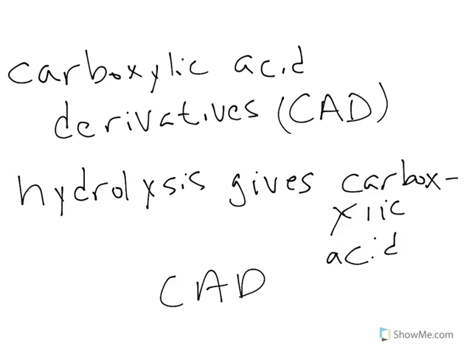Right, so when you have a molecule and you hydrolyze it and you get a carboxylic acid, that is a CAD. Right, so what we're going to look at first, an example, is something called an acid chloride.